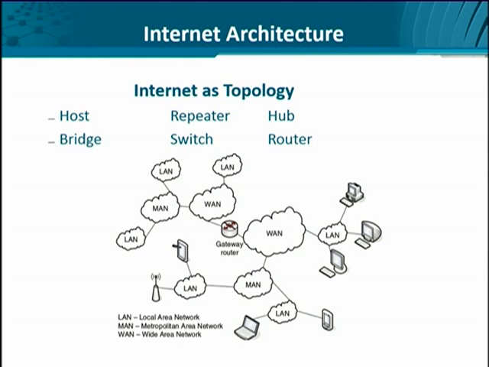Then we have the bridge. These bridges are used to isolate different networks so that the collision domains of these networks do not overlap. A multi-port bridge is also known as a switch.